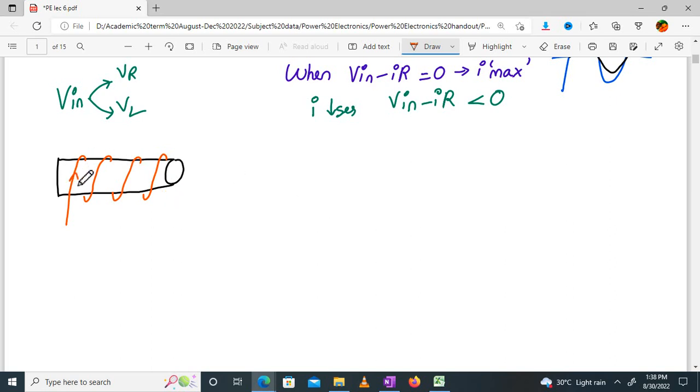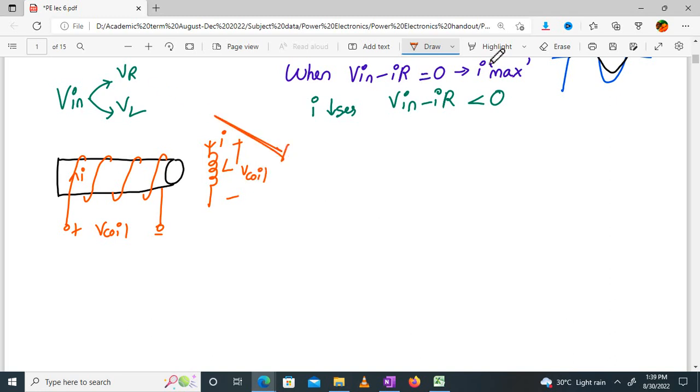This current flows through that coil, and let's say the voltage across this coil is V coil. A current carrying conductor is acting as an inductor. Over here, this is my symbolic representation of an inductor. The current flowing over here is I, and the voltage applied across the coil is V coil. Now what is this voltage given by?